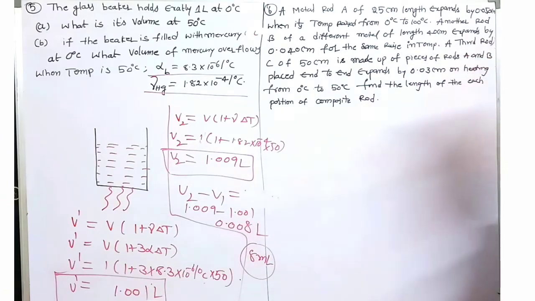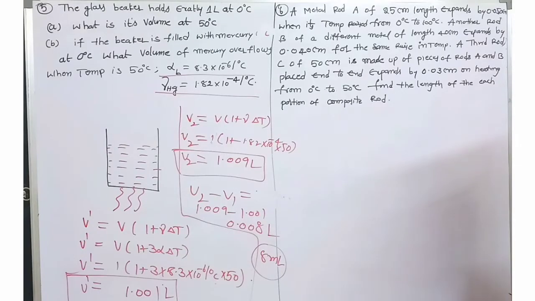So the next one: a metal rod A of length 25 centimeters expands by 0.05 centimeters when its temperature is raised from 0 degrees Celsius to 100 degrees Celsius. Another rod B of a different metal, of length 40 centimeters, expands by 0.04 centimeters for the same temperature range.